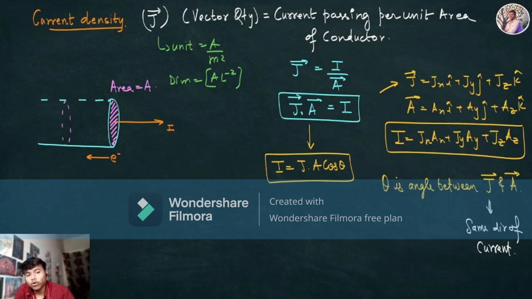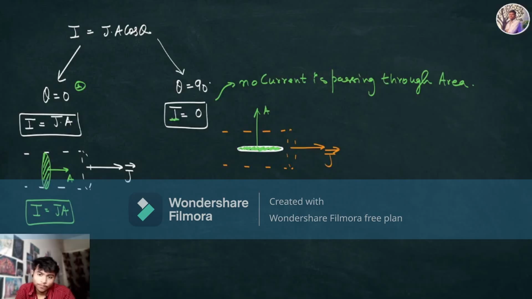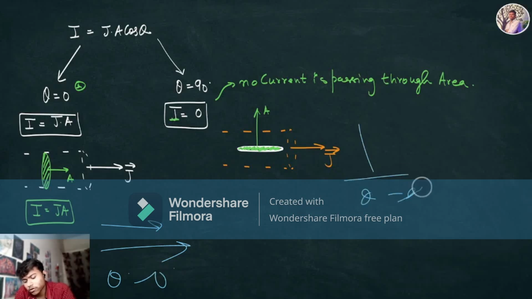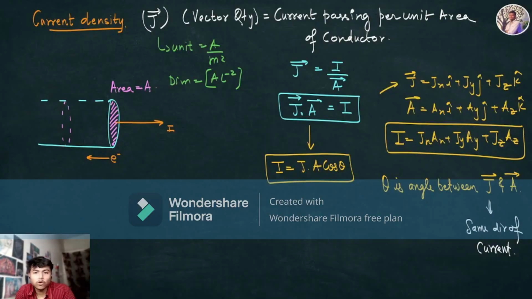It is a vector quantity, so we have components J, and J dot A will be I, the dot product, so J A cos theta, where theta is the angle between the vectors J and A. If they are parallel, theta is 0, and if they are perpendicular, theta is 90.